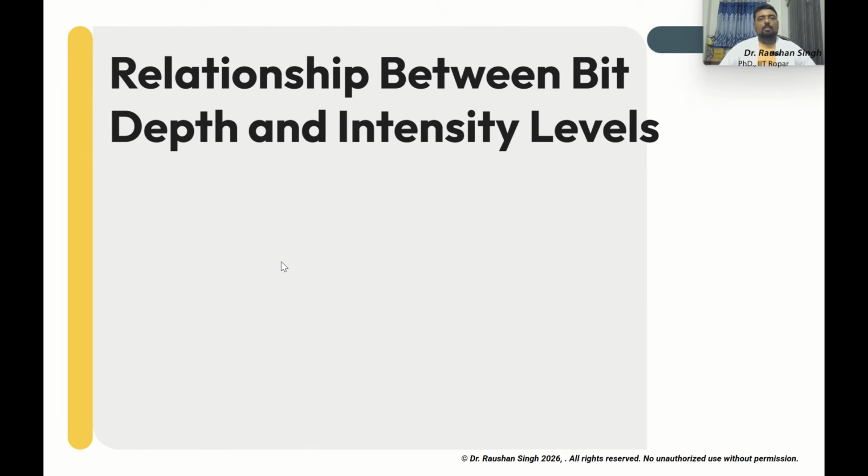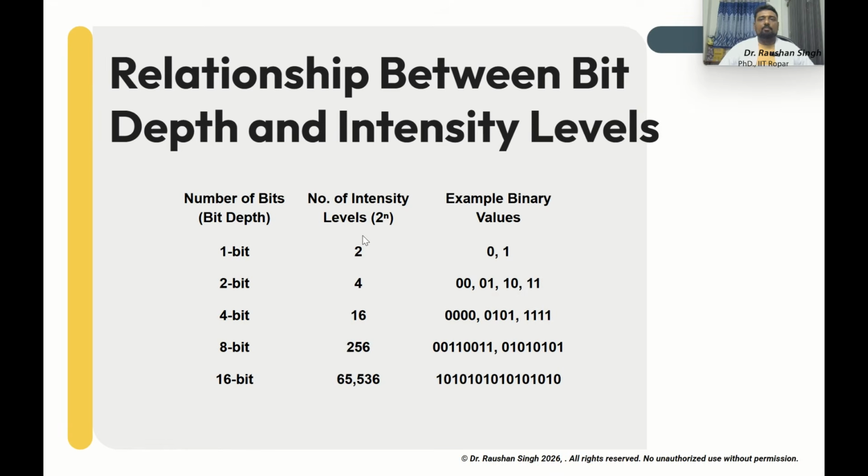Now we will see the relation between bit depth and intensity level. A 1 bit image will give you only two values, black or white. A 2 bit image has slightly higher values, and a 4 bit image has even higher.